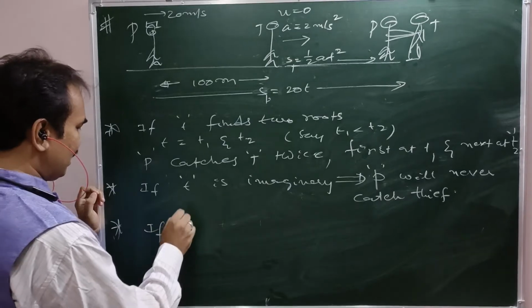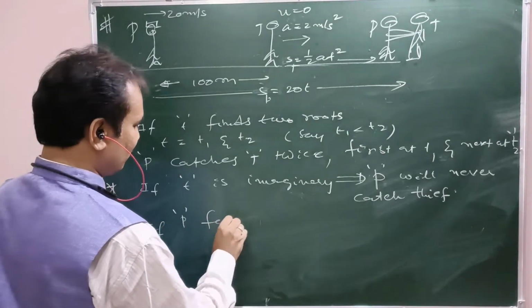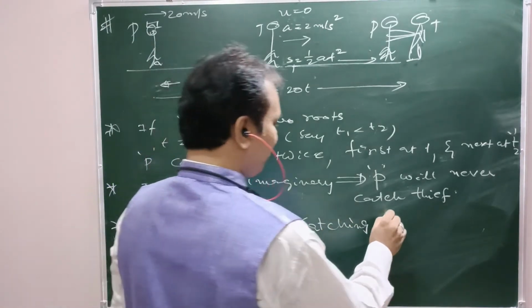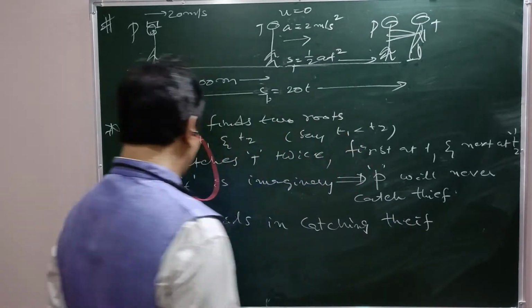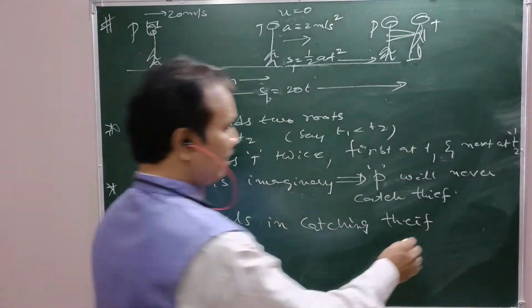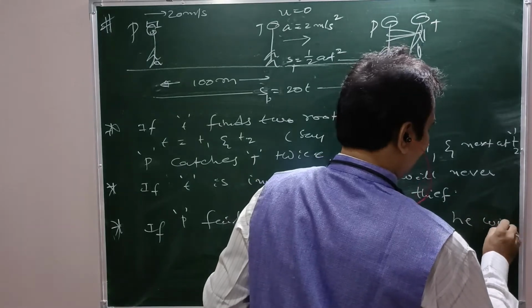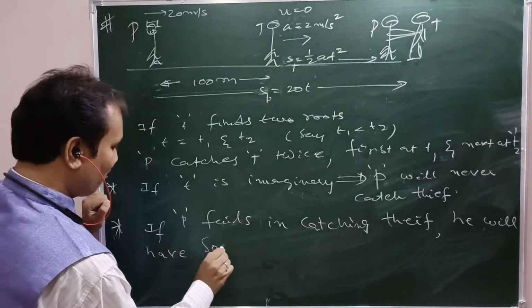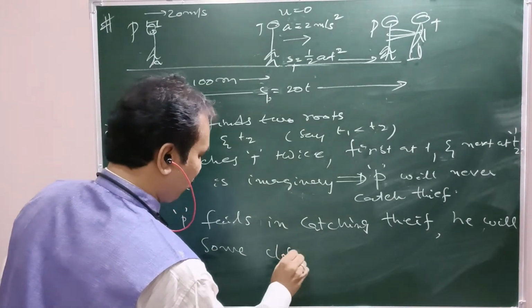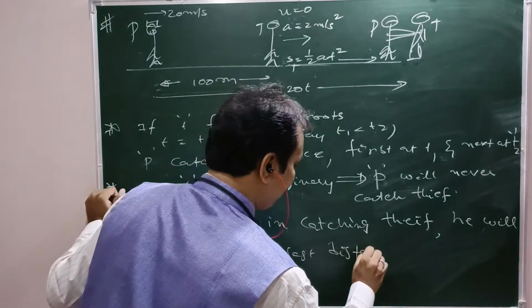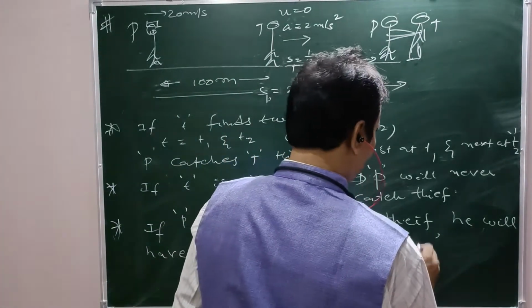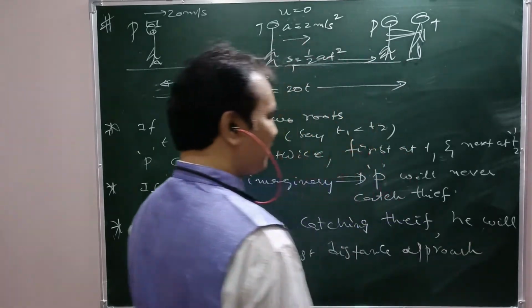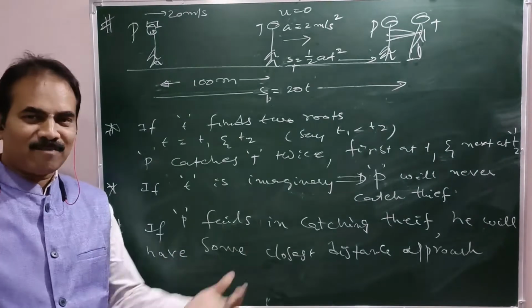If the policeman fails in catching the thief, he will have some closest distance of approach for the policeman from the thief.